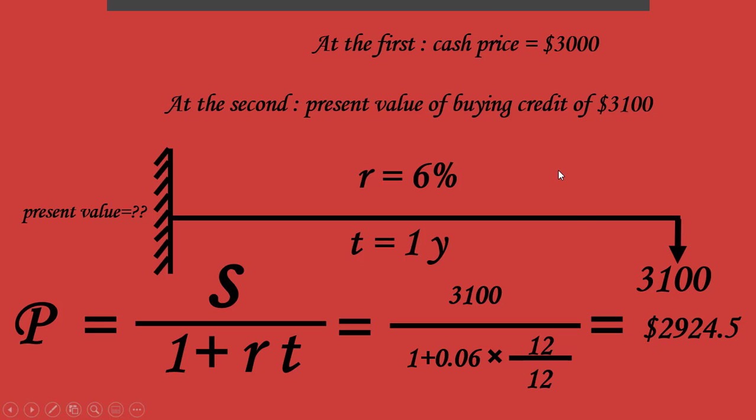Comparing the cash price $3,000 and the present value of the credit price, which equals $2,924.5, the second way is more advantageous.